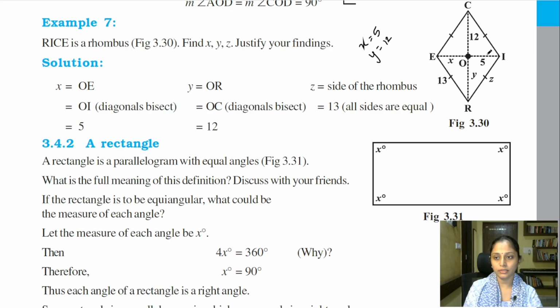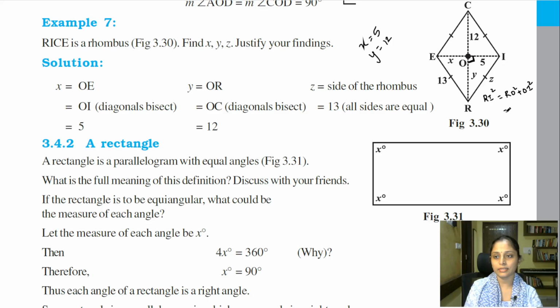Now, if you consider this triangle IOR, you know that this is a right angle triangle because the diagonals bisect each other perpendicularly. In a right angle triangle, by Pythagoras theorem, I can say that RI square is equal to RO square plus OI square. Square on hypotenuse is equal to the sum of the squares of the other two sides.